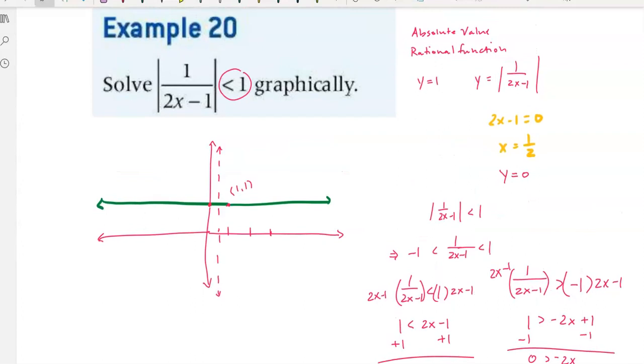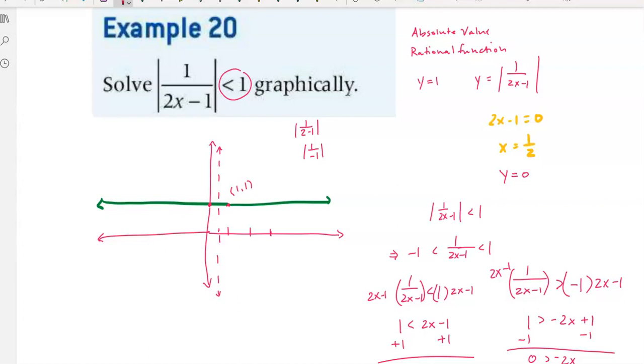If I put it back into the equation, if I put in x equals 1, absolute value 1 over 2 minus 1, that's going to be 1 over 1. It's going to be that. And then if I put in 0, 1 over 0 minus 1, negative 1, absolute value is still 1.